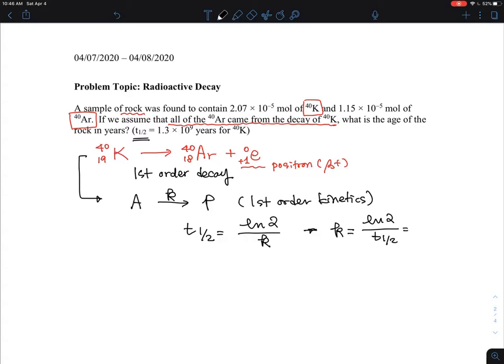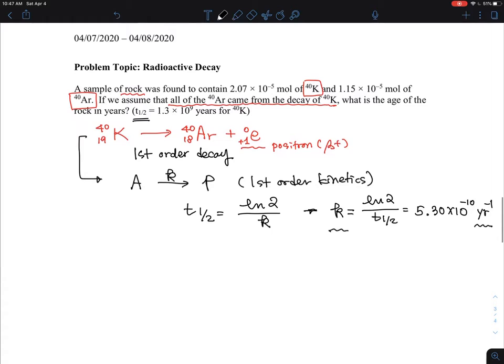And if you plug in those numbers, the k value that you find is 5.30 times 10 to the minus 10, and it has a unit of per year, right? If you look at that, it has a unit on a per year basis. And then let me give you a little picture.